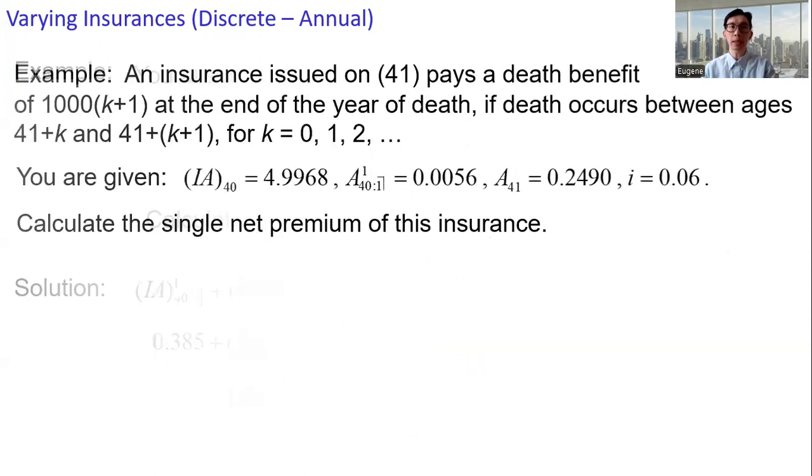Let's take a look at another example. An insurance issued on 41 pays a death benefit of 1,000 times K plus 1, payable at the end of the year of death if death occurs between ages 41 plus K and 41 plus K plus 1. And this is a whole life increasing insurance. Given these 4 quantities, calculate the single net premium of this insurance.